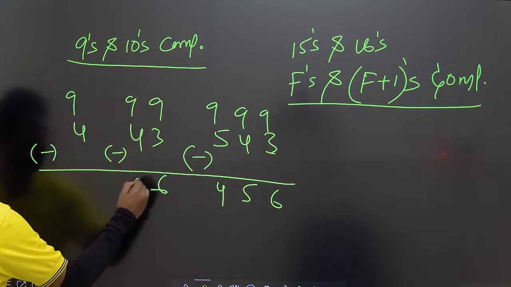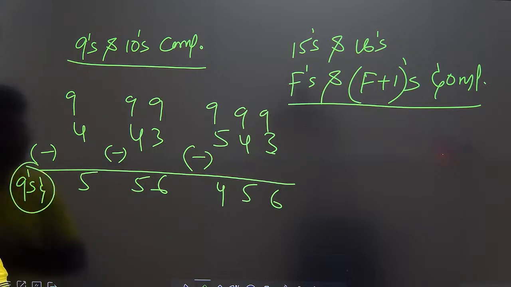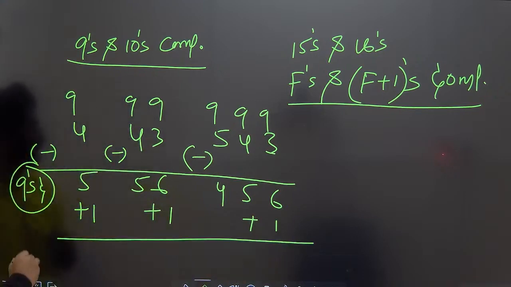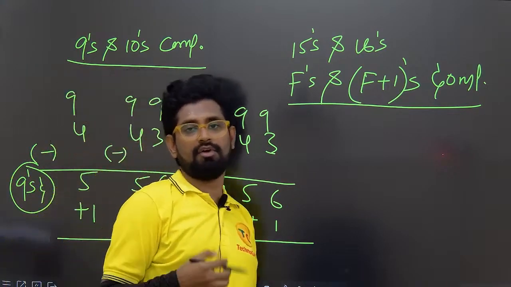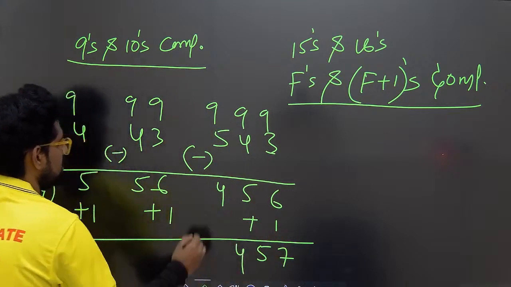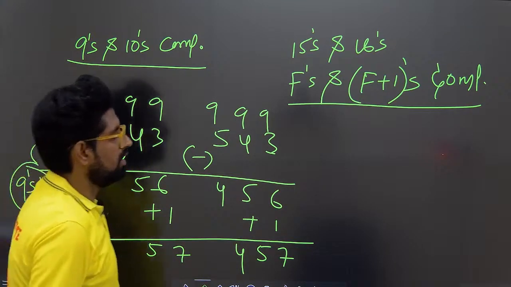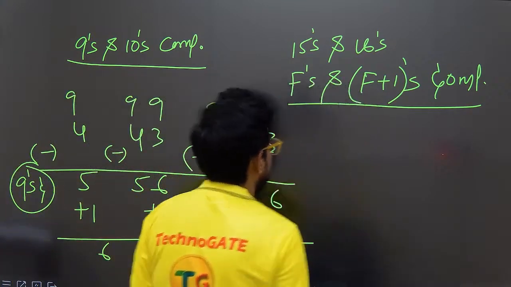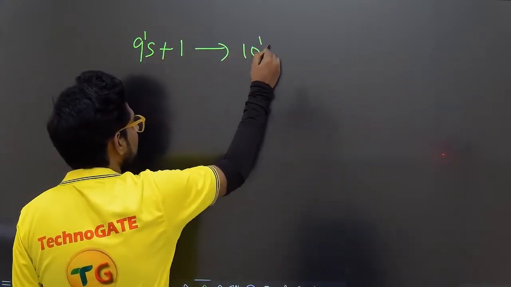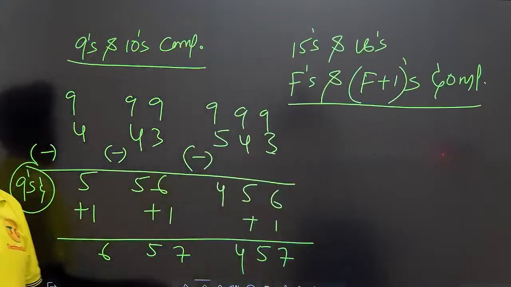This is your 9's complement. Now add 1 to the 9's complement. By adding 1 to the 9's complement, you get the 10's complement, which is 7, 5, 4. And note down this example.